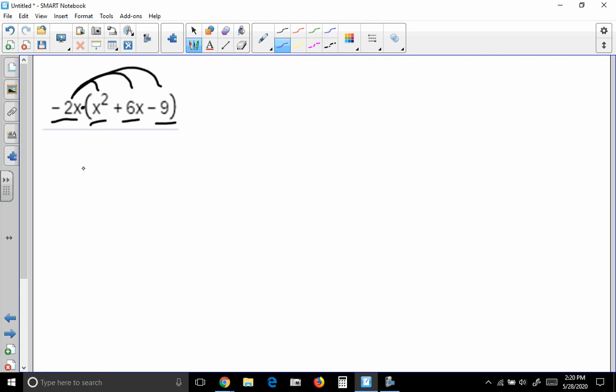So for that x squared, we're going to distribute a negative 2x times that x squared. And then we're going to add whatever we get when we take that negative 2x and distribute it to the 6x. And then we're going to add whatever we get when we take the negative 2x times the minus 9.